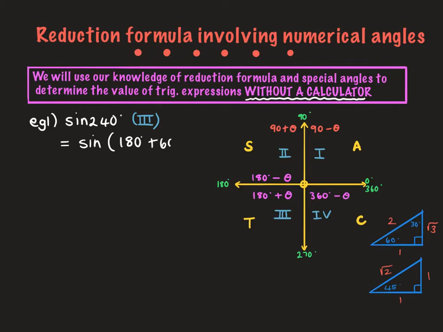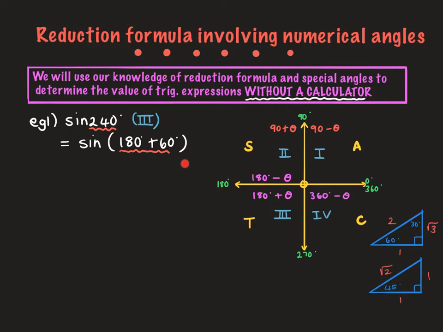So 180 plus 60 degrees is equivalent, right? That says 240, that says 240. All you've done is rewritten it as 180 plus an acute-sized angle. The whole point of reduction formula is reducing down to an acute-sized angle. So now we can go to our next step. When you are in quadrant 3, we know that tan is positive, but sine and cos are negative.